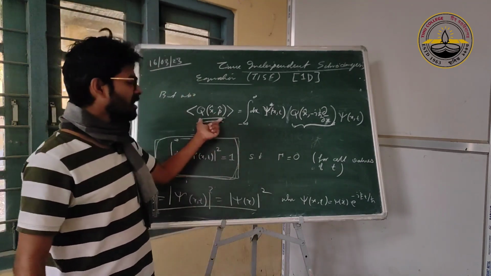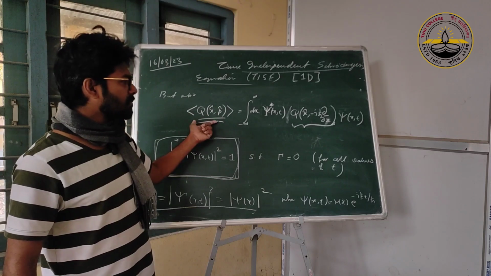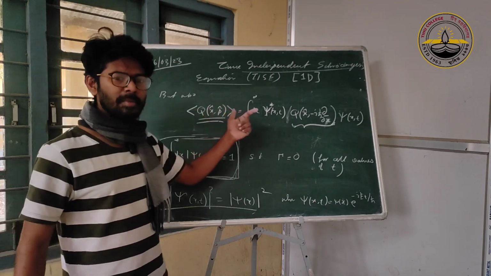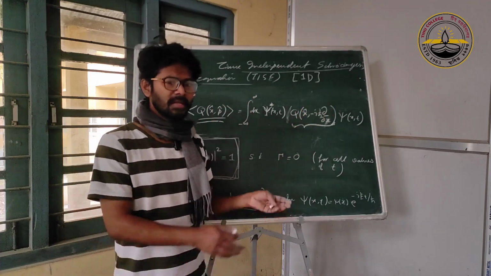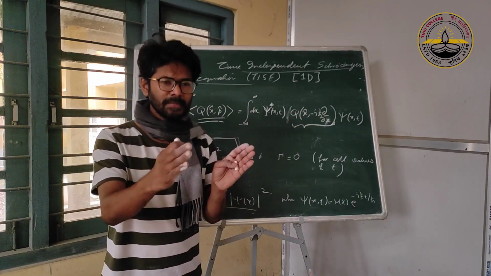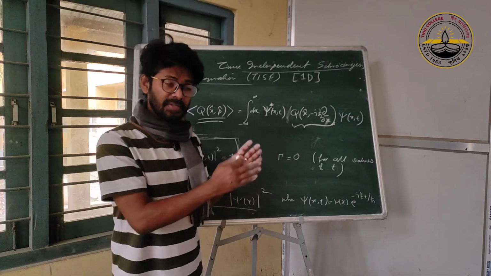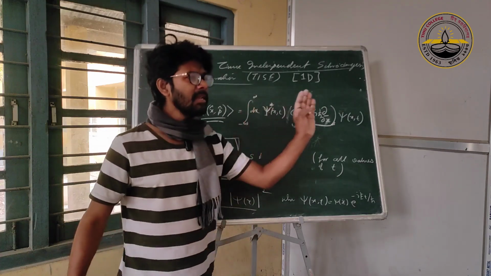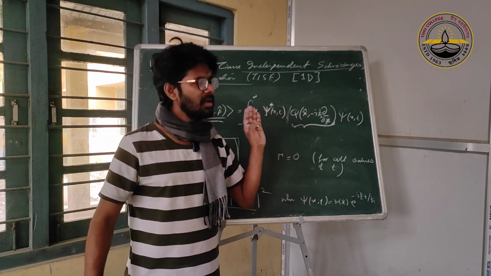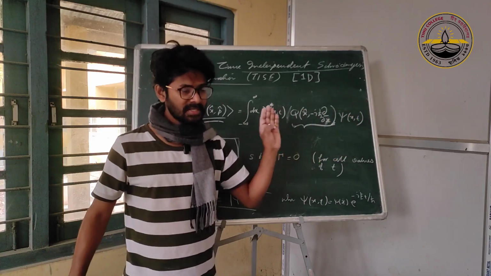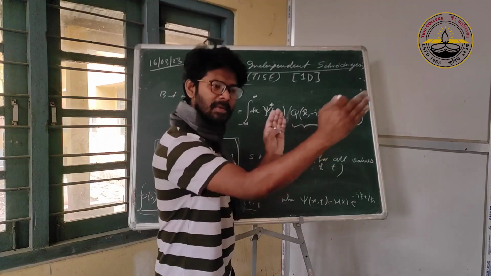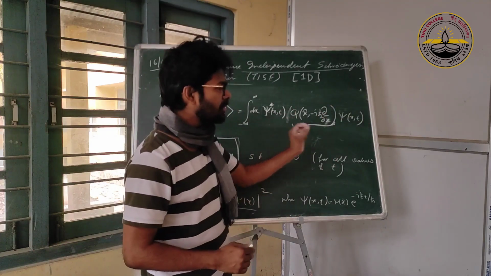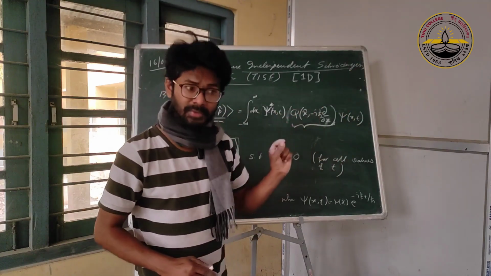If you perform experiments and measure momentum on, let's say, n copies of the system, for example n particles in n boxes in the same condition, same state, you get some P1, P2, P3 up to Pn values.